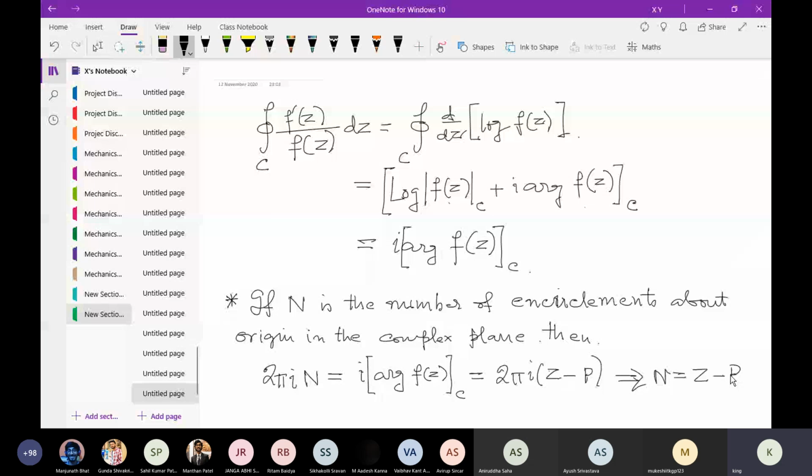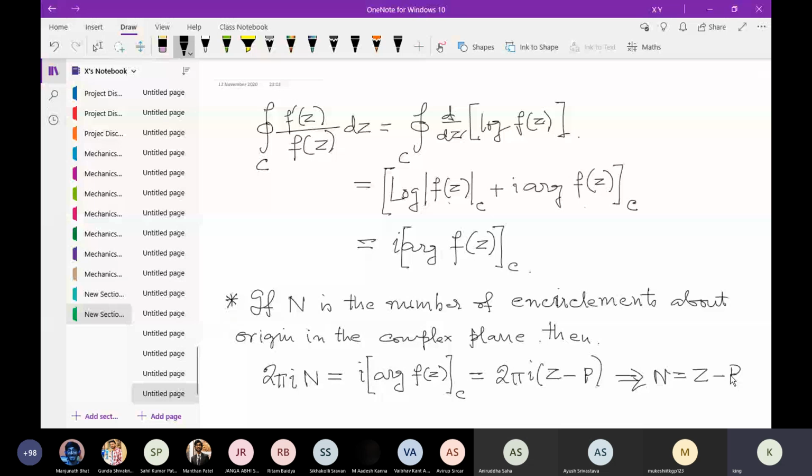If you are looking at a function fz, then that gives me the difference between the number of zeros and poles in the domain encircled by the contour that I am considering.